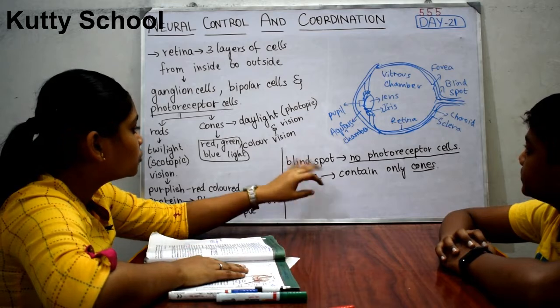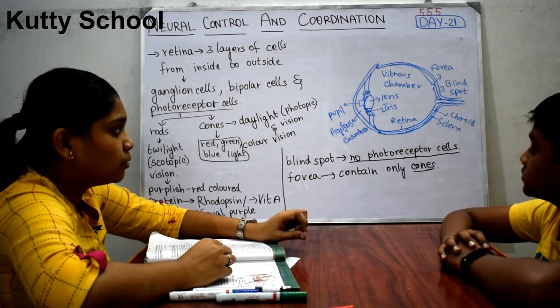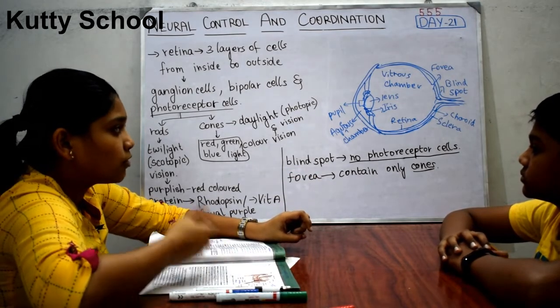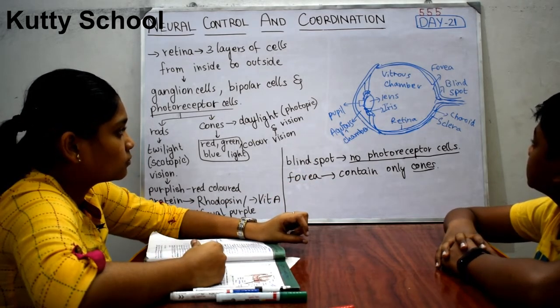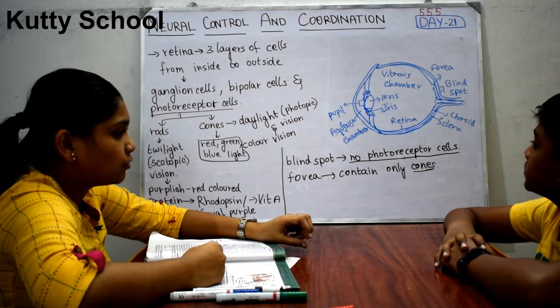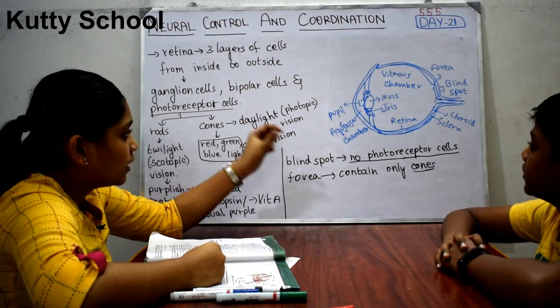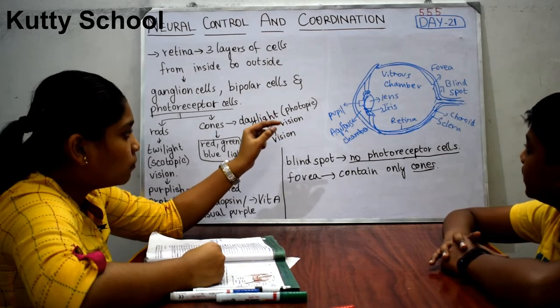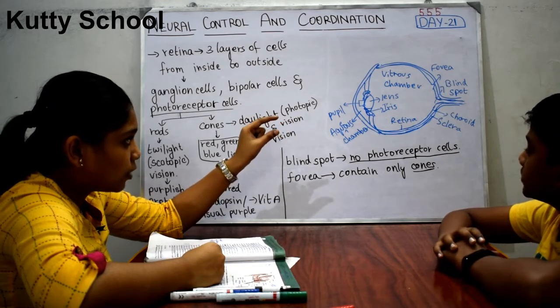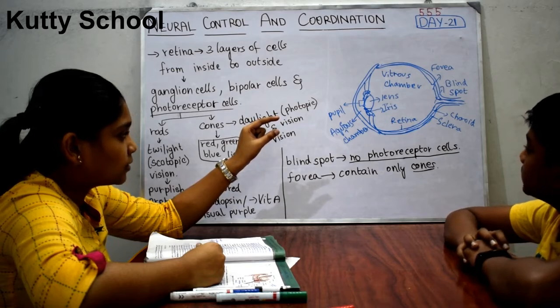How is the impulse first transmitted from the eye to our nervous system? First, light is detected. It enters through the cornea and the pupil, and it is moderated by the lens, which is present in the eye.